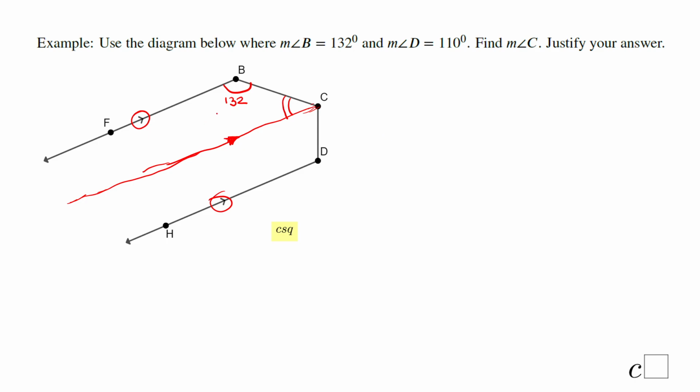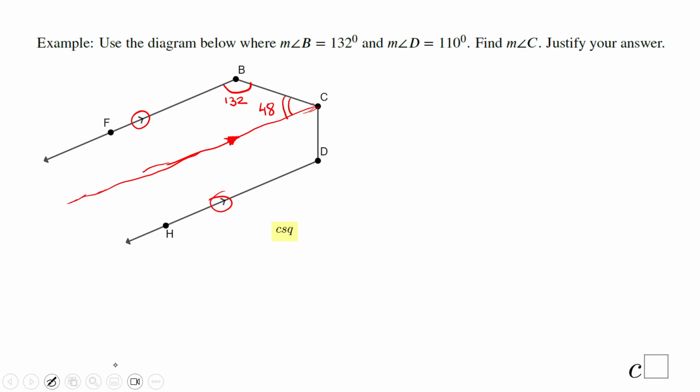So 132 plus what is 180, or 180 minus 132, and that will be 48 degrees. So that's the way I found this part of this big angle C. Okay, these two angles are consecutive interior angles or same side interior.